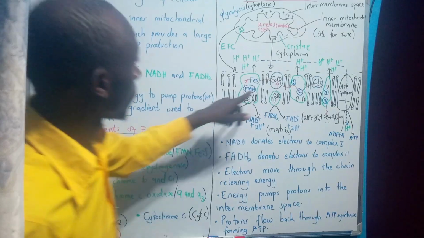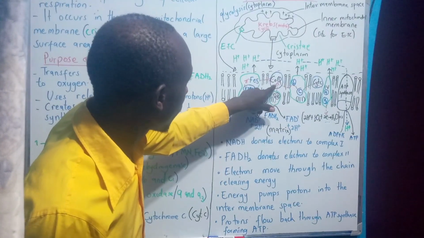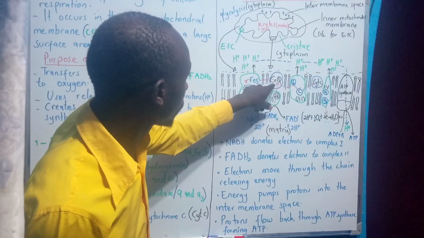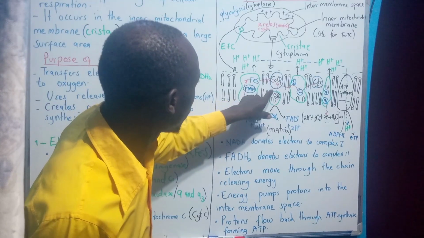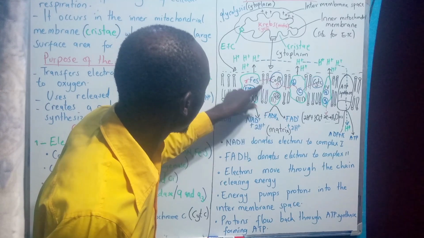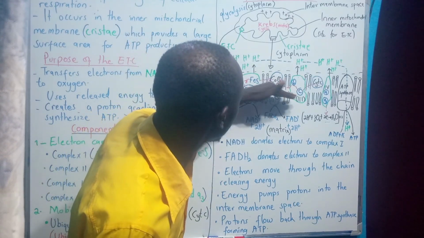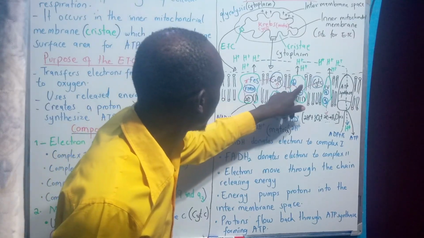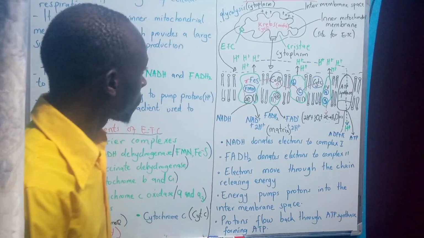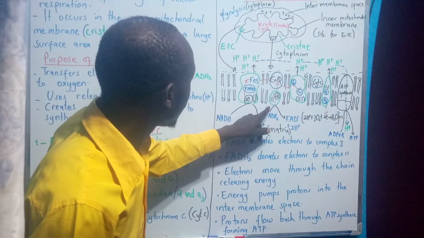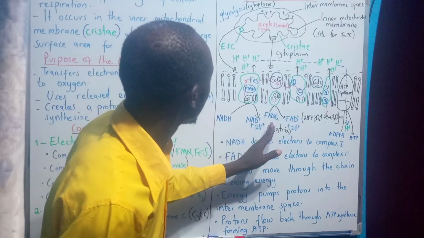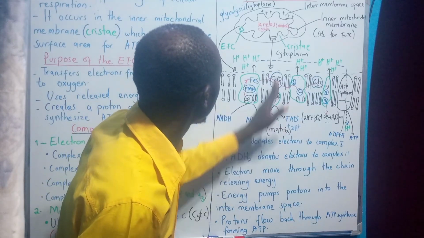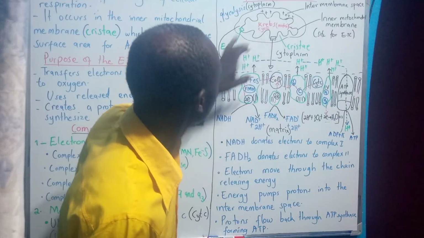So now we have ubiquinone which is electron rich, and it transfers. Remember, it is mobile. It is capable of crossing the phospholipid bilayer from complex number 1 to complex number 3. Complex number 2 is not going to pump hydrogens to the intermembrane space.